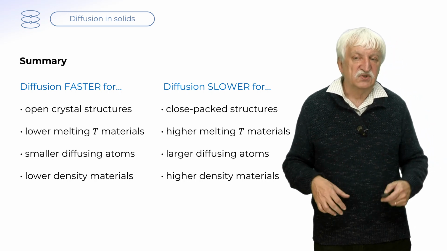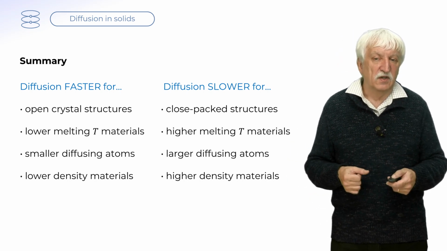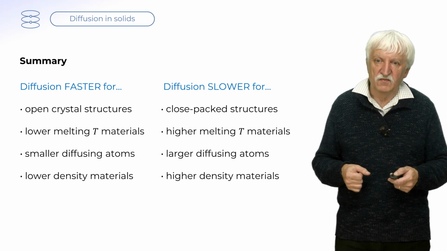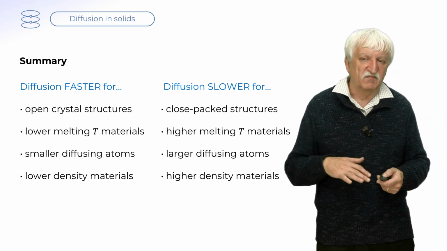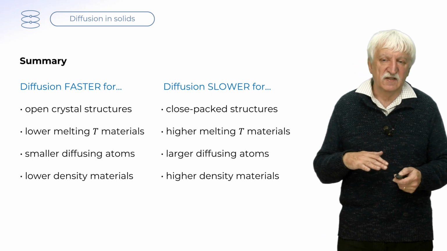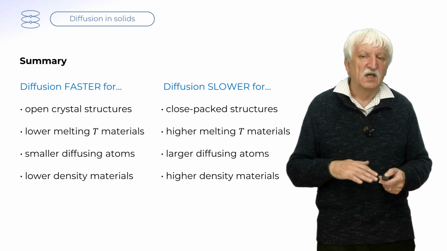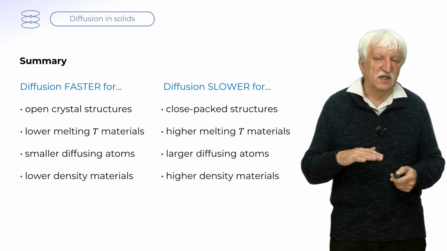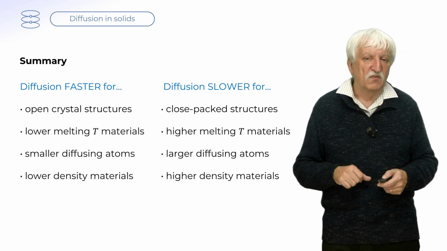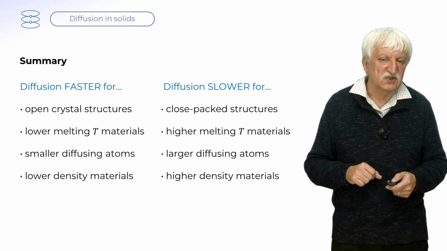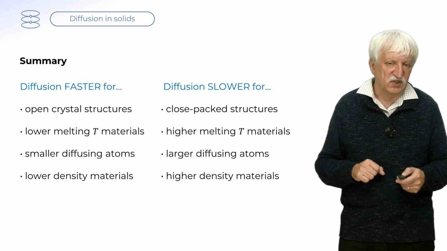To make diffusion faster, we may increase the temperature and consider a material with lower melting temperature, while the diffusion is slower for higher melting temperature materials.